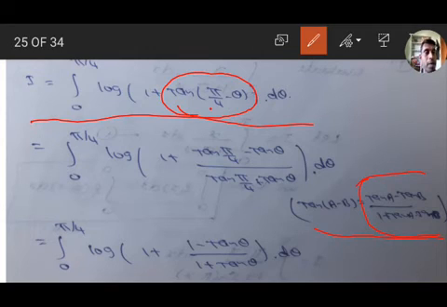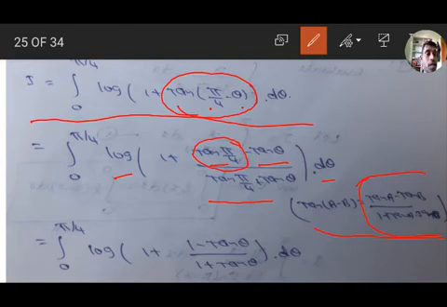Here a means pi by 4 and b means theta. So I equals integration 0 to pi by 4 of log of 1 plus (tan pi by 4 minus tan theta) by (1 plus tan pi by 4 tan theta) d theta. Tan pi by 4 is tan 45, whose value is 1.